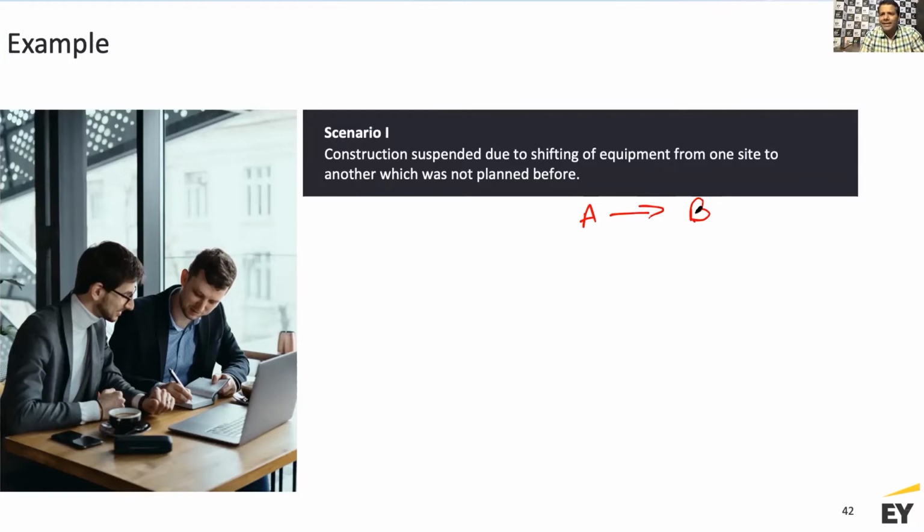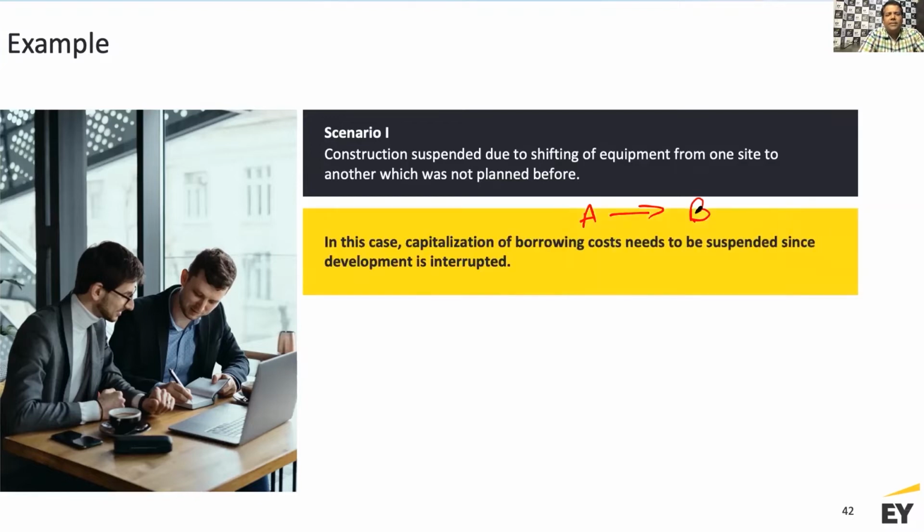If you had planned it better, you could have done it at site B only, right? So since you're now moving equipment from site A to site B, that seems like an abnormal wastage in the whole construction process, and hence capitalization of borrowing cost needs to be suspended during this period, since development is interrupted.